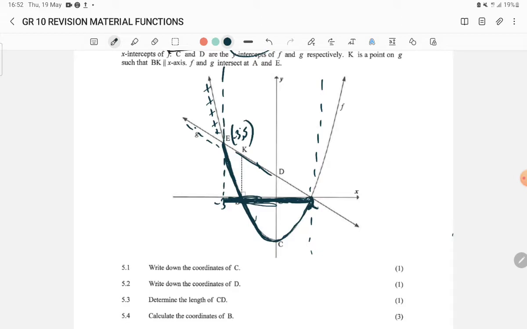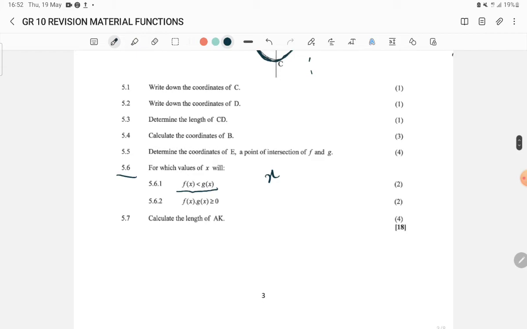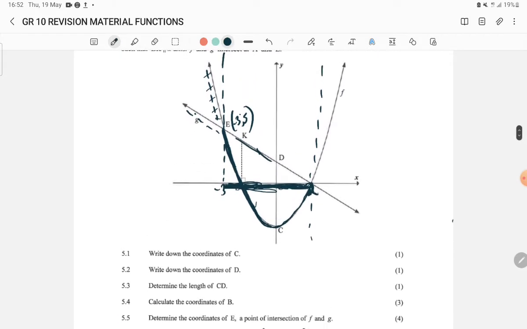Now we are going to answer the question: x is an element of the interval that starts from just after -3 but is below 2, because at -3 the graphs are equal, but after that you can see that your graph of f is below g(x).